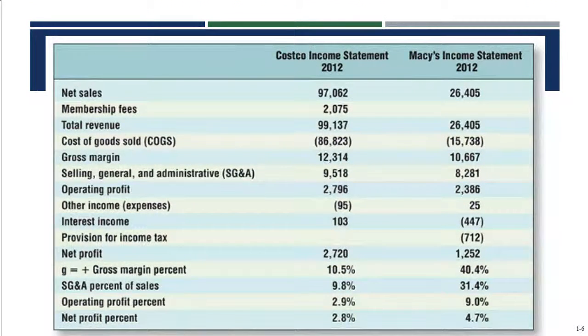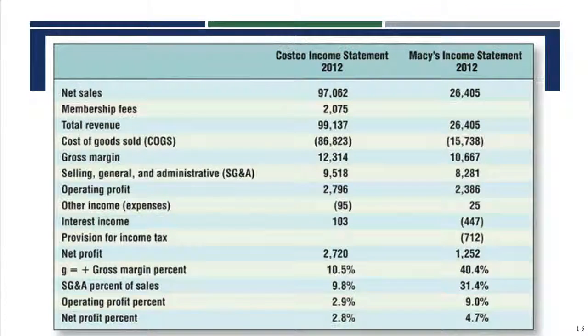When we look at our operating expenses or SG&A percentages, Costco has significantly lower operating expenses than Macy's does. Why does Costco have a lower SG&A percentage than Macy's?